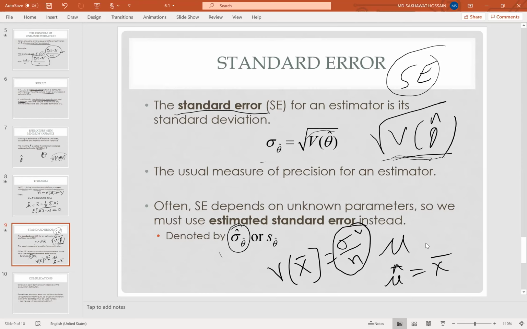You can see the variance is sigma square over n, so it includes the parameter sigma itself. If you want to use this, you have to use the estimate of sigma, not sigma, because sigma is unknown. The estimate of sigma is sigma hat, which is usually the sample standard deviation.